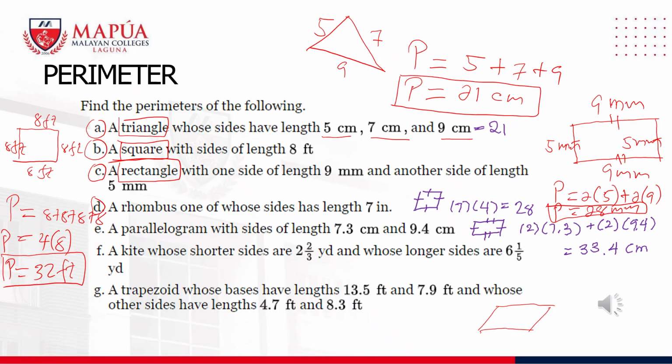So this is what we call a rhombus. It says that one of its sides is 7 inches. So it means this side is equal to this side, equal to this side, and equal to this side, 7 inches. So the perimeter here is simply 4 times 7, which is equal to 28. The unit is inches.